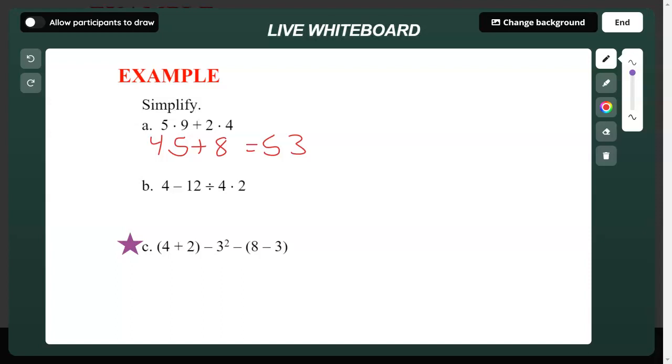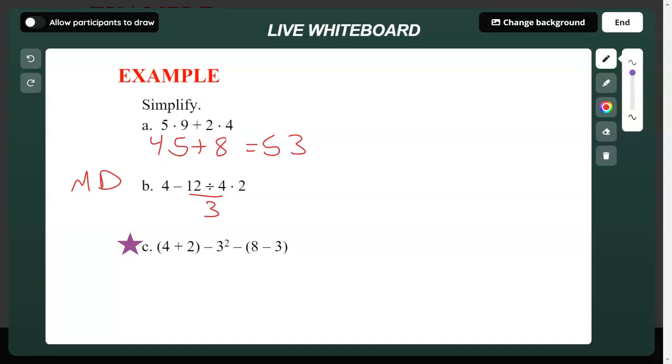Now with B, what's the first operation I'm going to do? 12 divided by 4, because I have to do either my multiplication or my division, and since division shows up first, that's the first one that gets done. So 12 divided by 4 is 3. Now I'm going to need that 3 for the multiplication, because I don't have a 4 anymore.